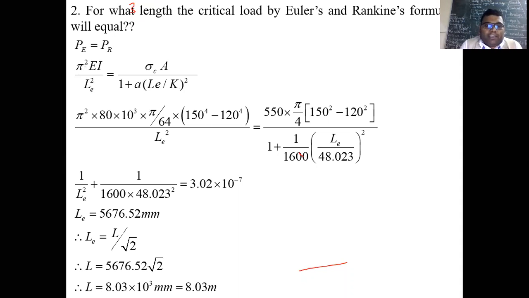Pi square E value is given, I value you have calculated, you can directly keep it here. Then on the right hand side, sigma C is 550 and A value you can also write, and 1 plus A, we know that is 1 upon 1600, and LE upon K we know, so (LE upon K) whole square.